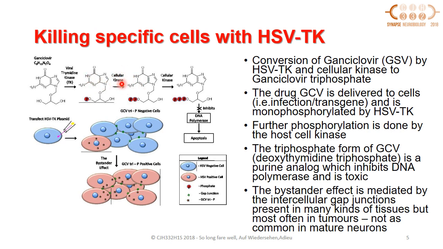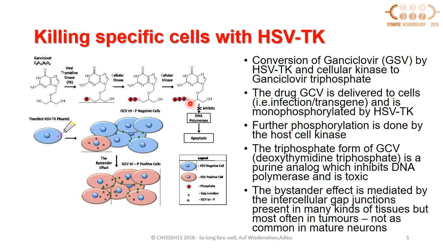It is trapped intracellularly. And once it is trapped intracellularly by that thymidine kinase, that first step, this ganciclovir will then, through other intracellular and endogenous kinases, now be phosphorylated on a different region and have a diphosphate, and then eventually those kinases will allow for a triphosphate molecule of ganciclovir to occur. Why all of this is really important is that in the cells, and only in the cells that are overexpressing this thymidine kinase, this triphosphate form of ganciclovir is a purine analog, so it looks a lot like a base pair that is normally found.